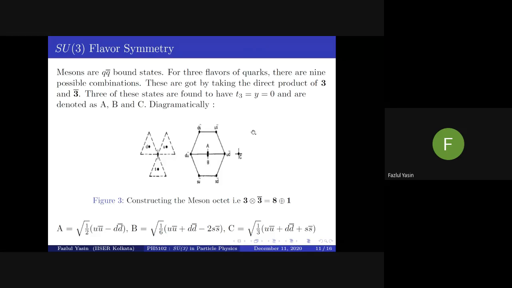where this line corresponds to Y equals plus 1, this corresponds to Y equals minus 1, this is Y equals 0, and this corresponds to T3 as minus half, T3 as half, T3 as 1, and this corresponds to T3 as minus 1.